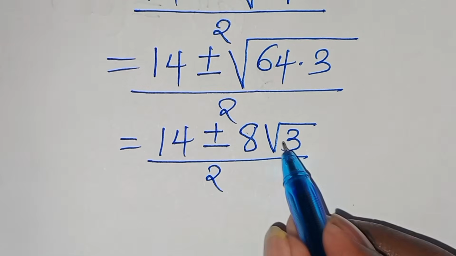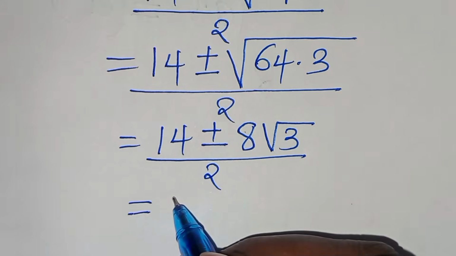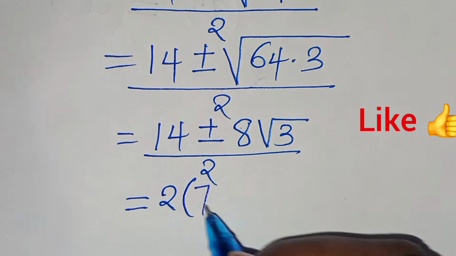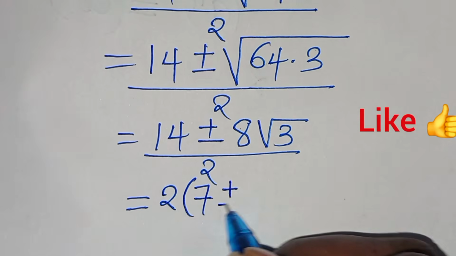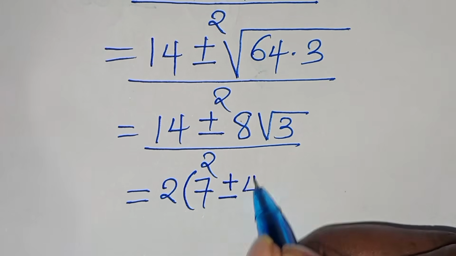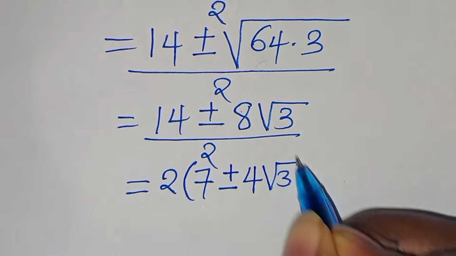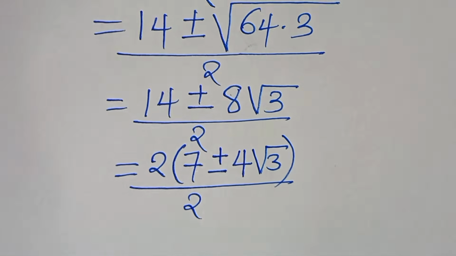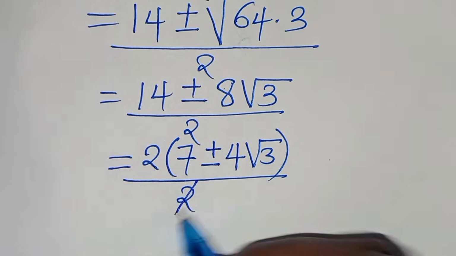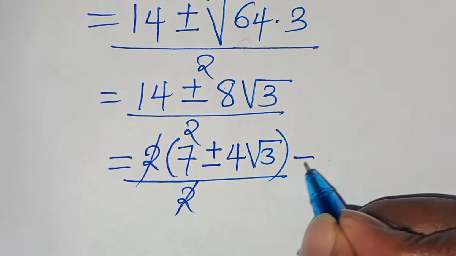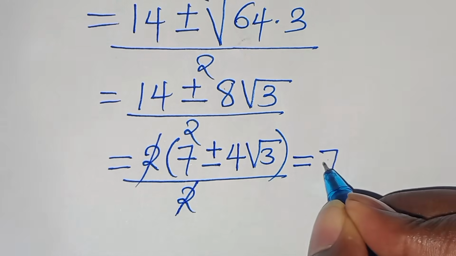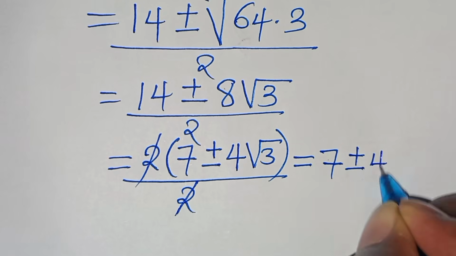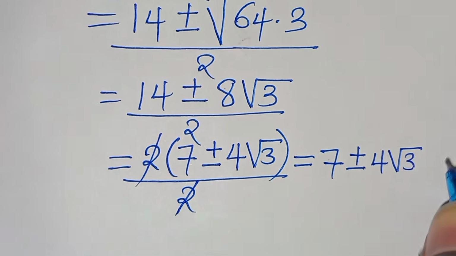Now, in the numerator, 2 is common here. We can factor out 2 into the parentheses, so we have 2 times (7 plus or minus 4 square root of 3), everything divided by 2. So 2 and 2 simplify, and now we have 7 plus or minus 4 square root of 3.